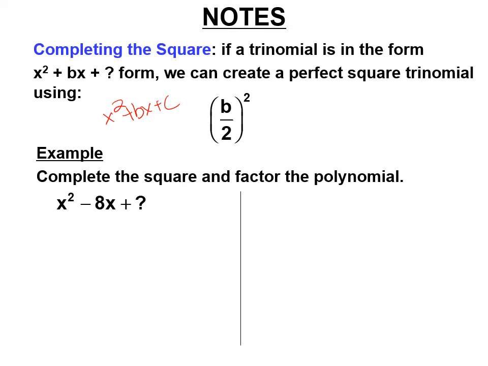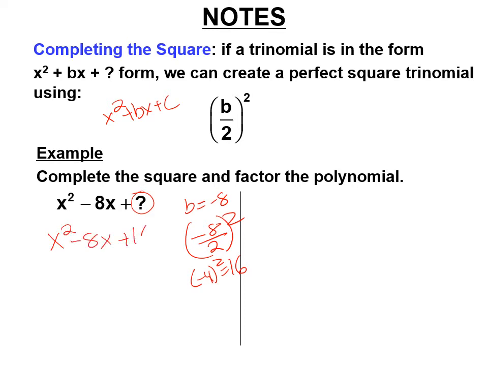Okay, so to figure out what c is, where I put the question mark, you take b, which is -8 here. You take b, you divide it by 2, and you square it. That's the missing part. So -8 divided by 2 is -4, and -4 squared is +16. So to make that a perfect square trinomial, you have to put a +16.